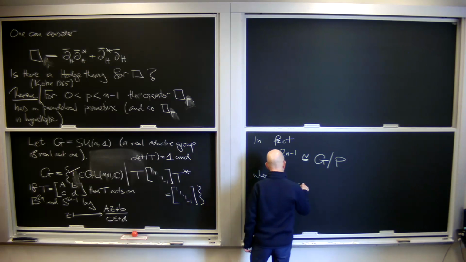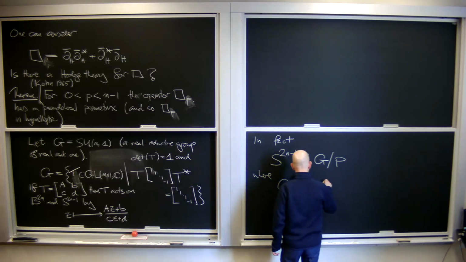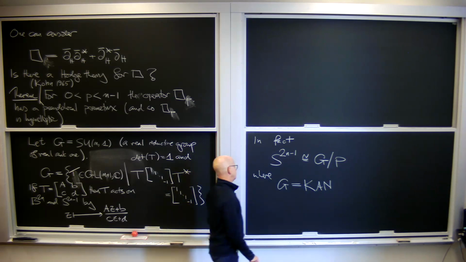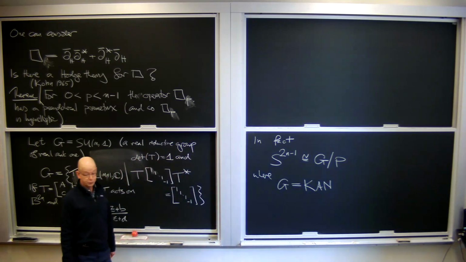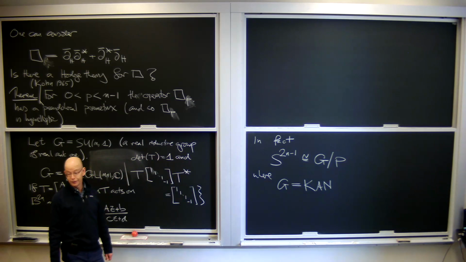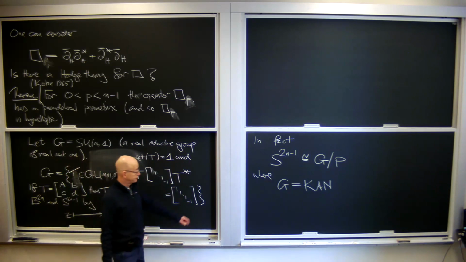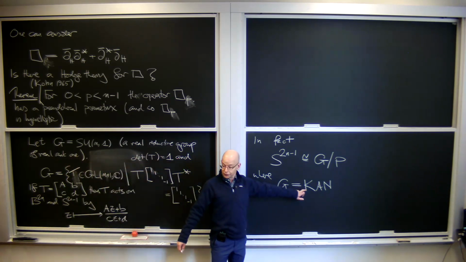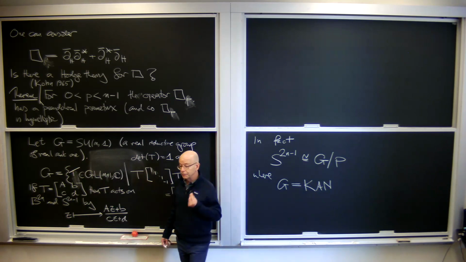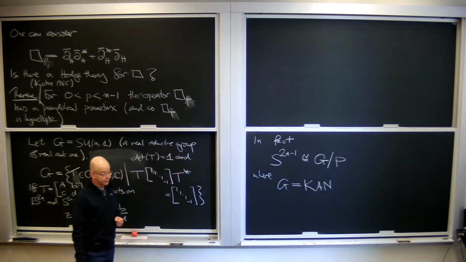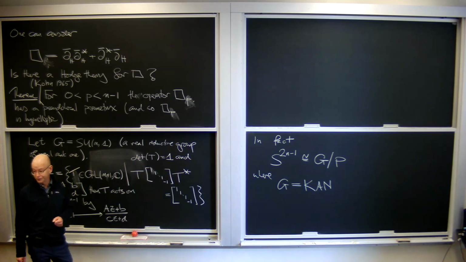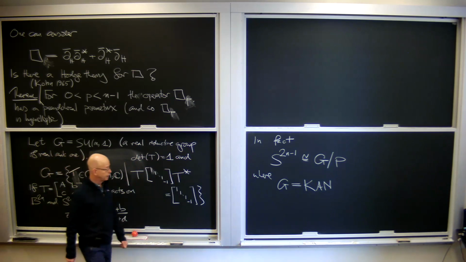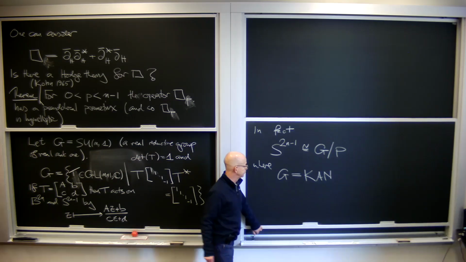When we were mucking around with real reductive groups, we used this famous Iwasawa decomposition: K, the maximal compact subgroup, which is the unitary matrices in G; A, which was, as it happens, a one-dimensional maximal abelian group consisting of positive definite matrices; and N, some nilpotent group, which we'll get to in a moment.